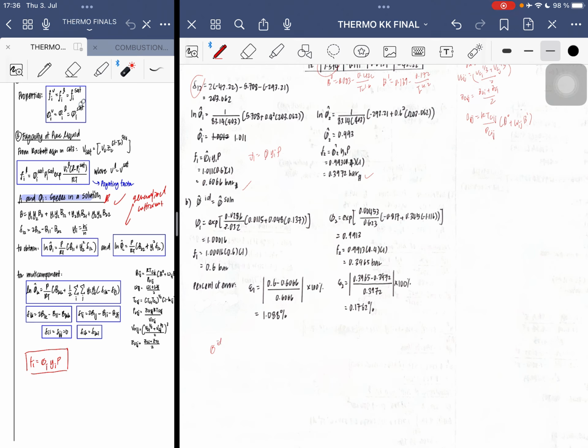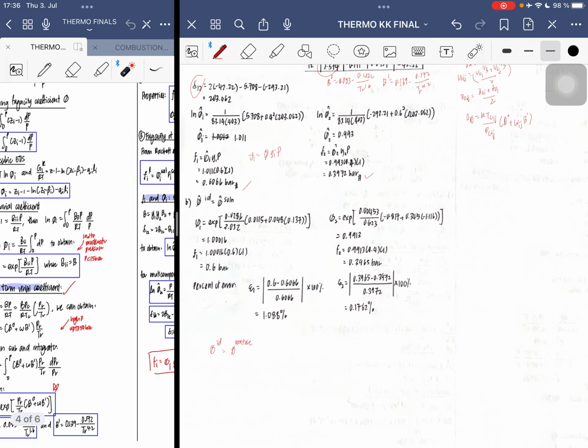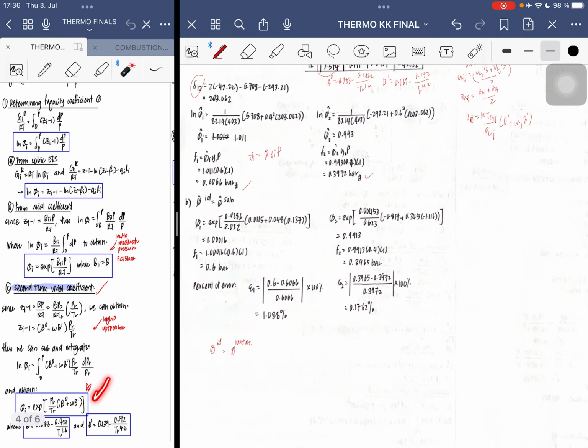This is your assumption. So yeah, and then there's a specific formula, which is this one here. You use the second virial coefficient for this kind of question.